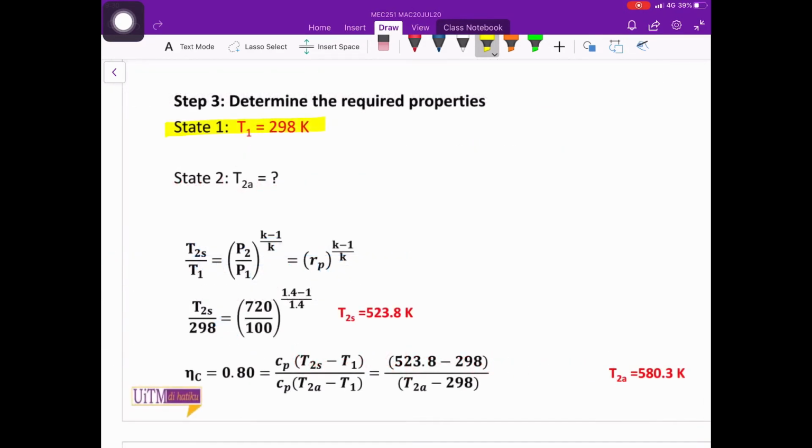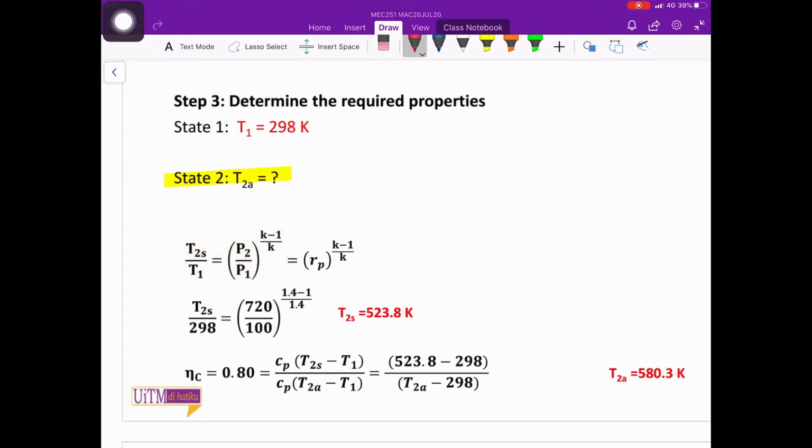The temperature for state 1 has been given from the question. T1 is equal to 298 Kelvin. For state 2, first we are going to find T2s by using the isentropic relation for temperature and pressure.